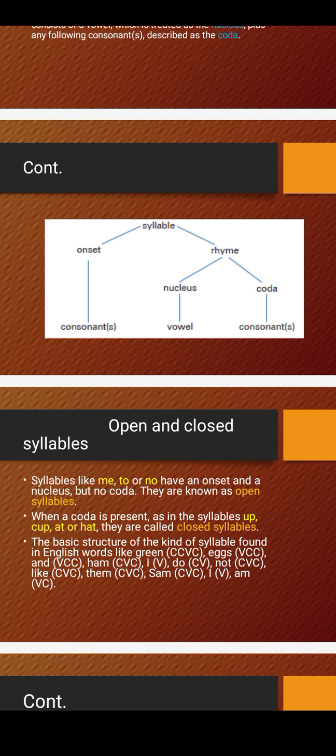Consider the examples of copy and happy. The letter Y at the end takes the sound of E. So now we know what a vowel-like sound is. It is also sometimes called a semi-vowel. Now we are familiar with the basic structure of the syllable, so it is a good idea to move towards the types of syllables.